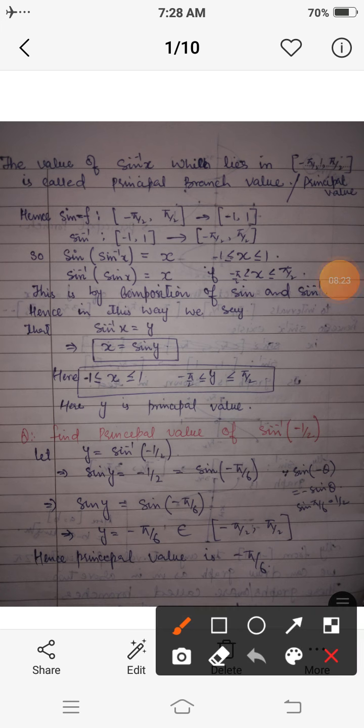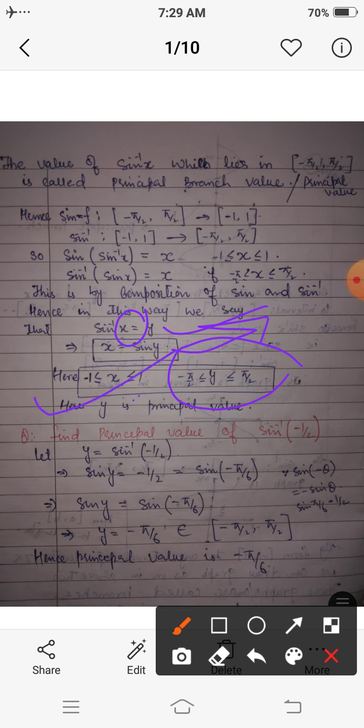So if we have sine inverse x equals y, then we can say that x equals sine y, by composition of sine inverse with sine. Here we have to consider x greater than or equal to minus 1 and less than or equal to 1, while for sine of y we have to consider the domain of sine, that is y greater than or equal to minus pi by 2 and less than or equal to pi by 2.